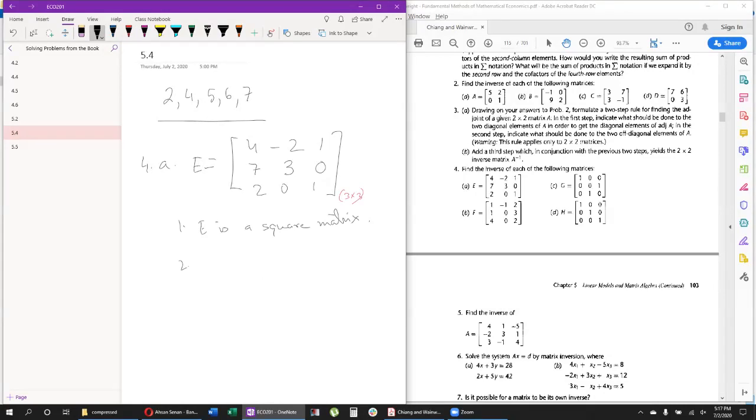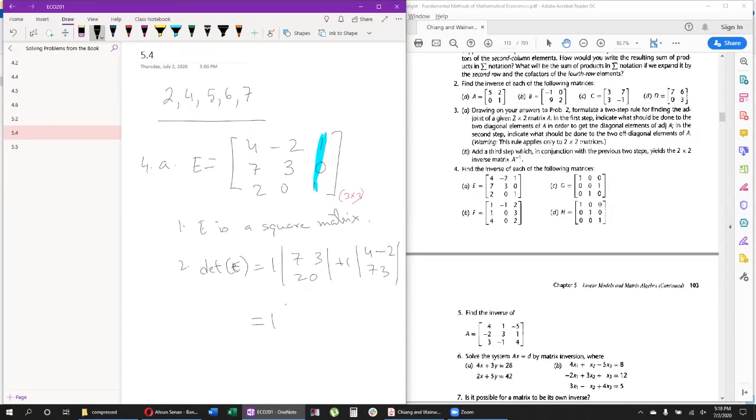Number 2 is checking for non-singularity, which means we have to calculate the determinant of E. So we have to select any row or any column. I'm going to select the third column because it seems like it's going to be easiest to work with. So I have 1 times (7, 3, 2, 0), minus 0 and a bunch of things, plus 1 times (4, minus 2, 7, 3).